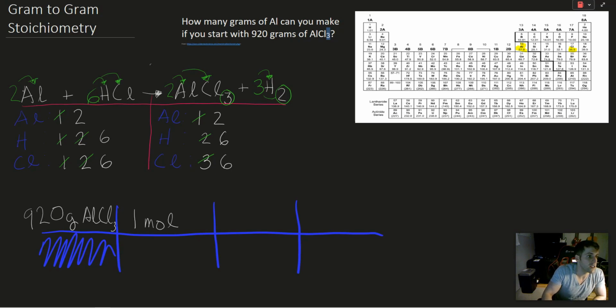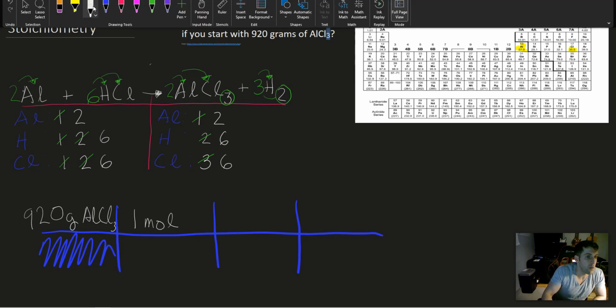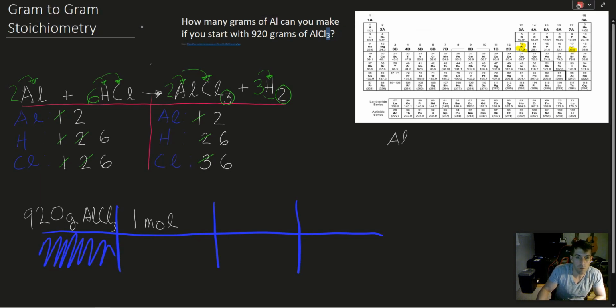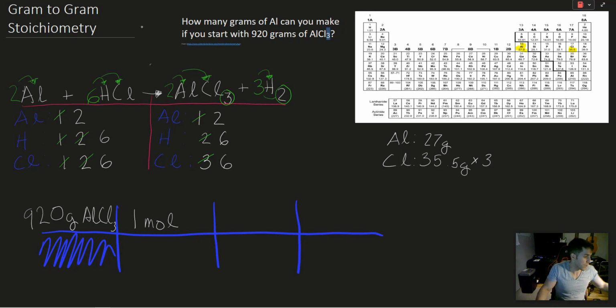So we need to add this up. Let's grab white again, and we'll go below the periodic table. In aluminum, we have 27 grams. In chlorine, we have 35.5 grams, and we're going to have to multiply that by 3. If we took our calculators out, I'm going to simply calculate. I use a TI-84, but you could use any calculator.